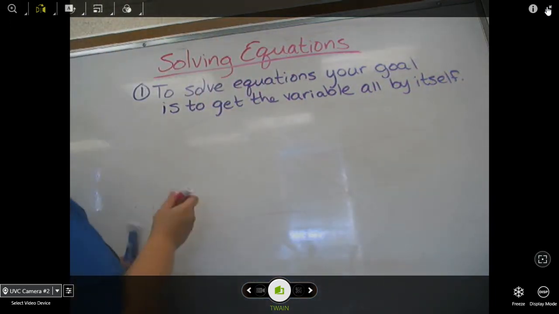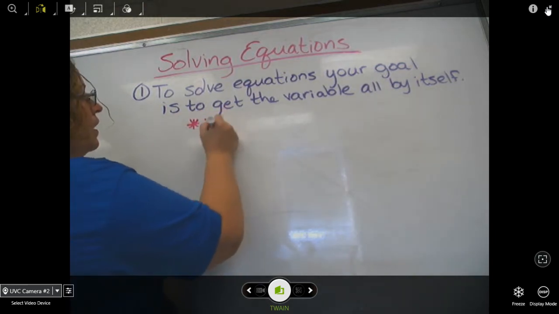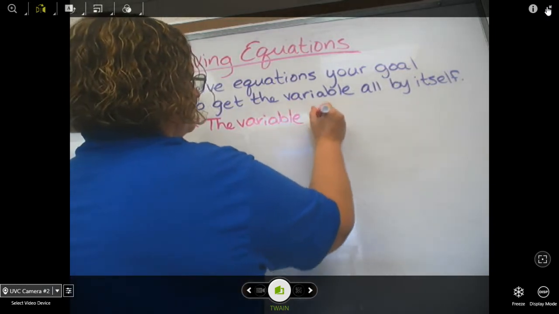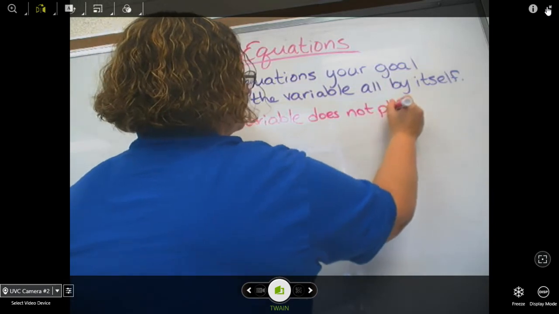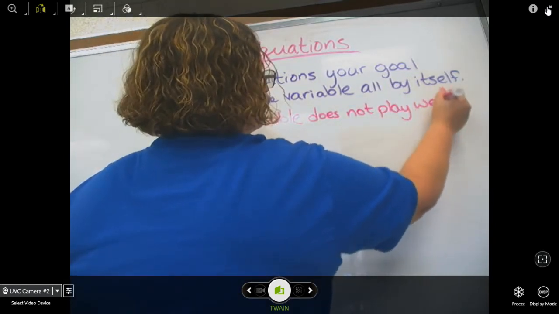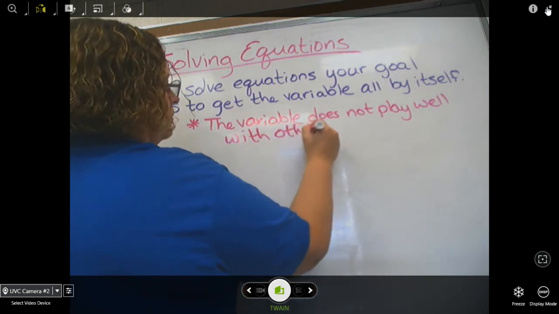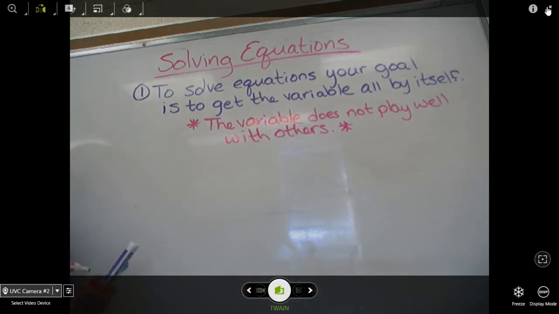This is what Miss Long likes to say: the variable does not play well with others. So the variable has to be by itself.